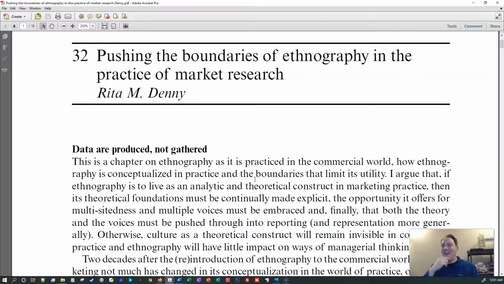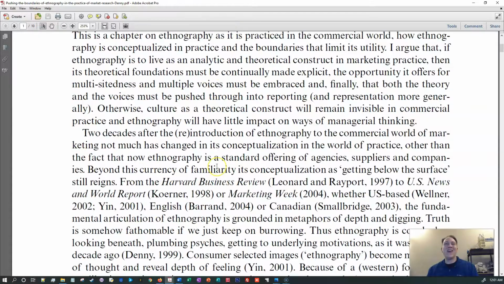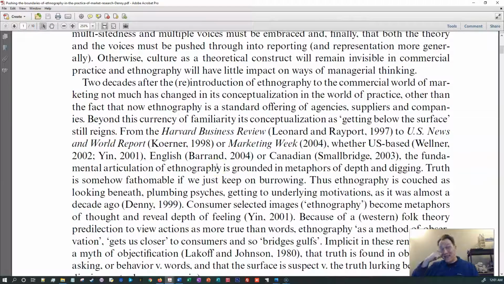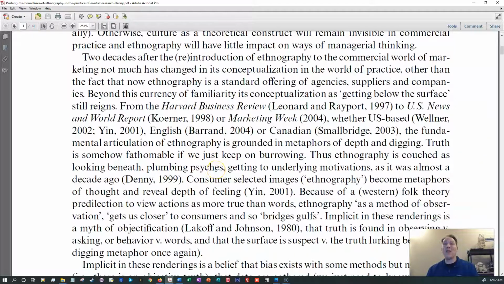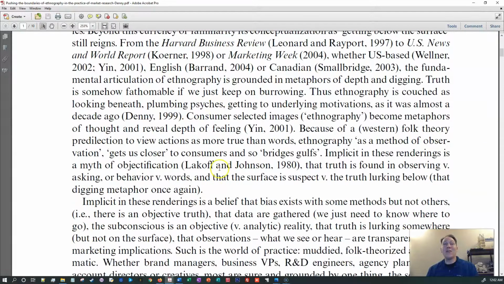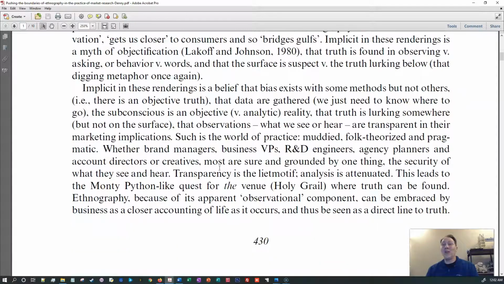And the argument here, I think, is that it's born a little bit out of frustration, saying, you know, this is something that can really get good, useful, deep data, but it's also something that's fraught with lots of problems, and there are many different things that cause this to be held back by bad practice and bad practitioners.